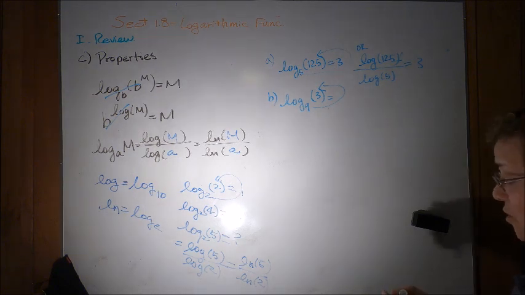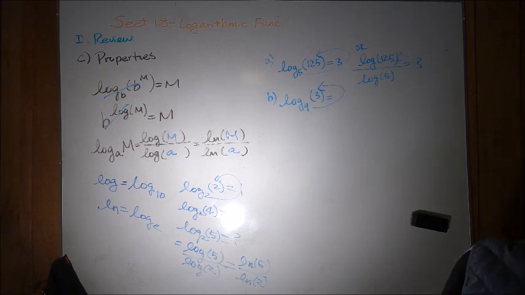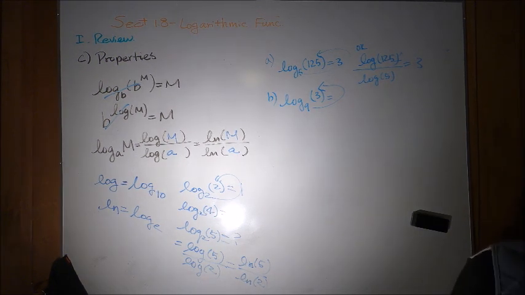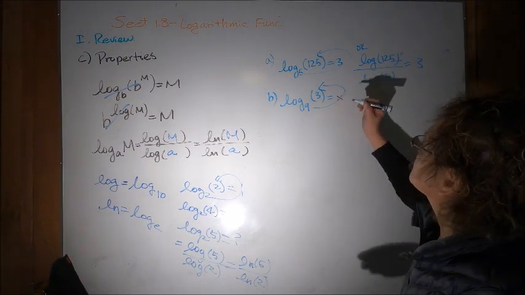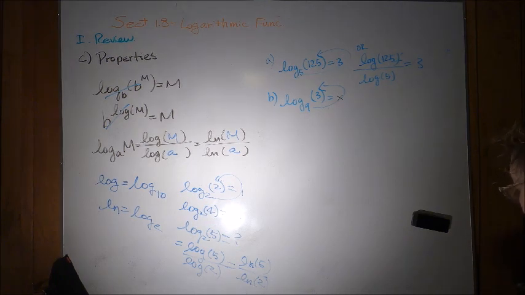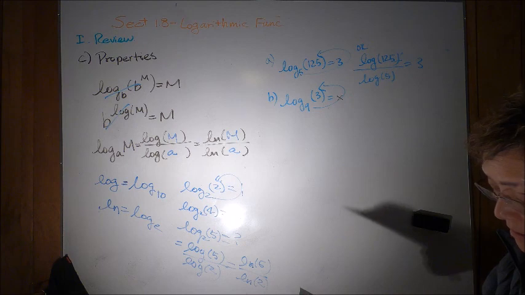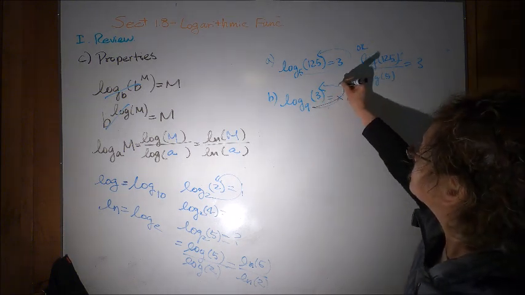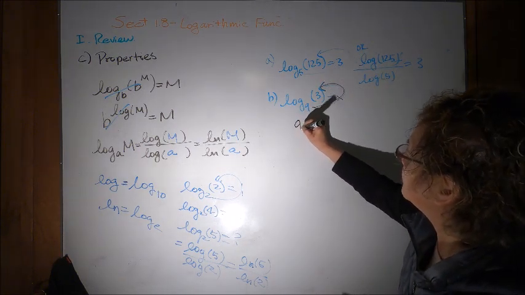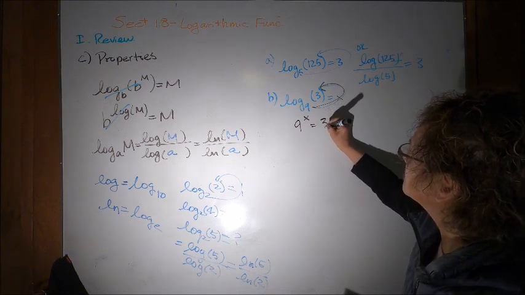For the things we don't know, what can we do? We say, okay, that's my x. Then, how am I going to find the x? So you do the hook. So what do you have? 9 to the x equals what? 3.